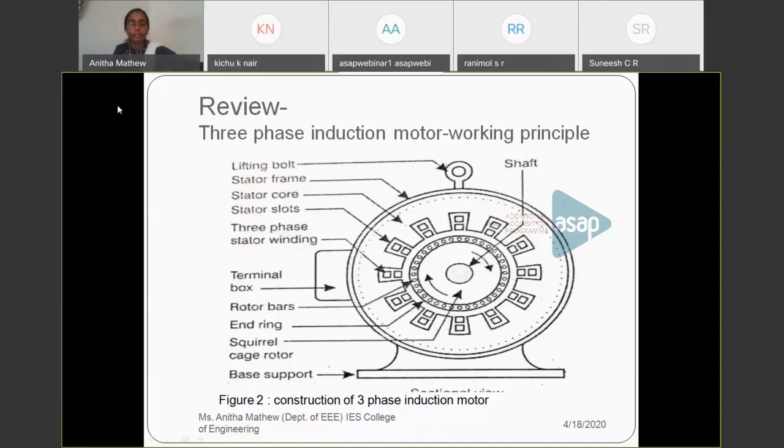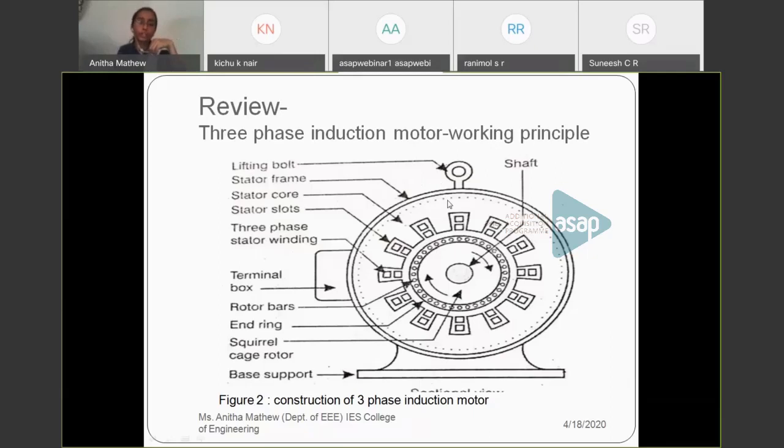Here, three-phase supply is given, and this magnetic field will be in rotating motion. This rotating magnetic field cuts the rotor conductors, and EMF will be induced in the rotor conductors.